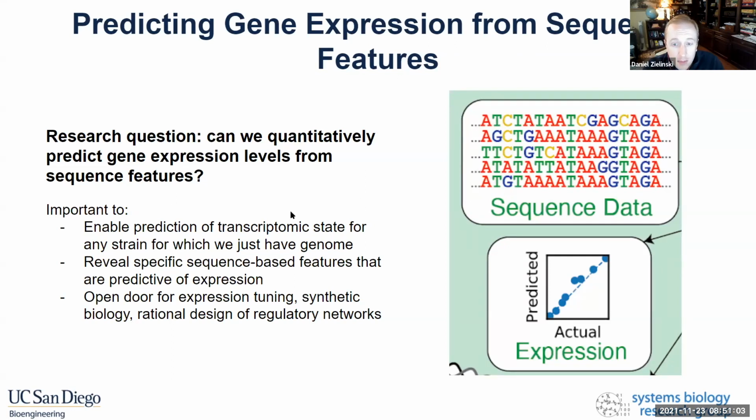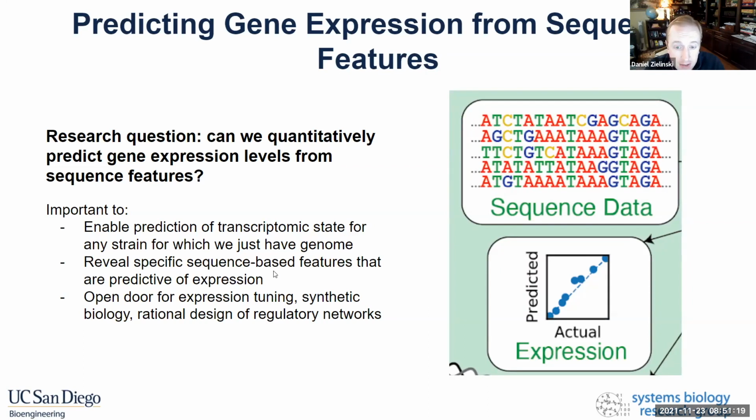And so if we were able to do this, this would help us do things like predicting a transcriptomic state for any new strain where we just get a genome. We could say, oh, this is a very highly active promoter. This gene's probably very highly expressed.